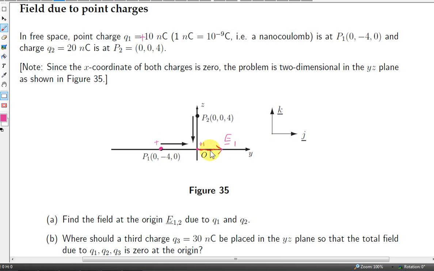Also, it'll have to be in a direction along the line joining the charge Q1 and the unit positive charge at the origin. So here is Q1 in coulombs. I'm putting in the plus sign to emphasize that we have a positive charge here. Now what is this vector E1? Well, we can just go back to Coulomb's law.